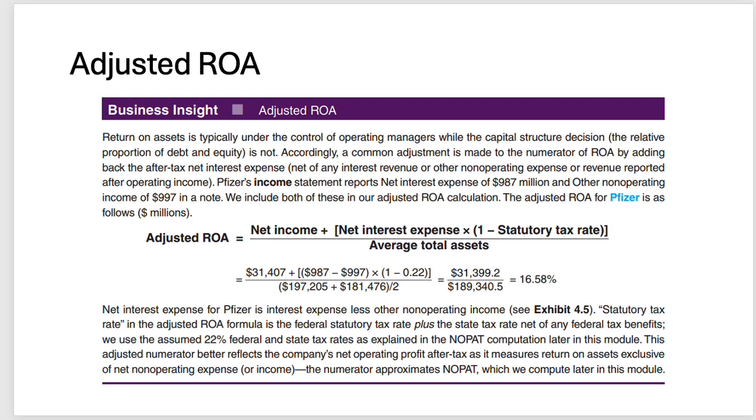And so you can see here the adjusted ROA that we oftentimes look at attempts to adjust computed ROA for interest expense and typically the statutory tax rate, in this case assumed to be 22% federal and state, in order to give a clearer insight into the factors that are really under control of operating management.